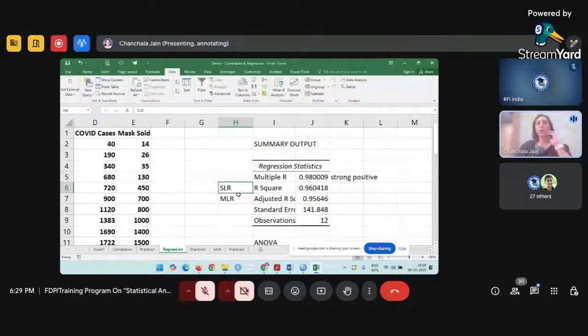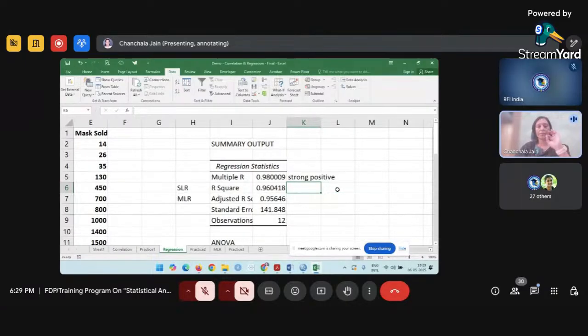The interpretation of R square and adjusted R square is the same. The only thing is which one you need to report when. In case of simple linear regression, I suggest going for R square. In case of multiple linear regression, when you have multiple independent variables, go for adjusted R square.